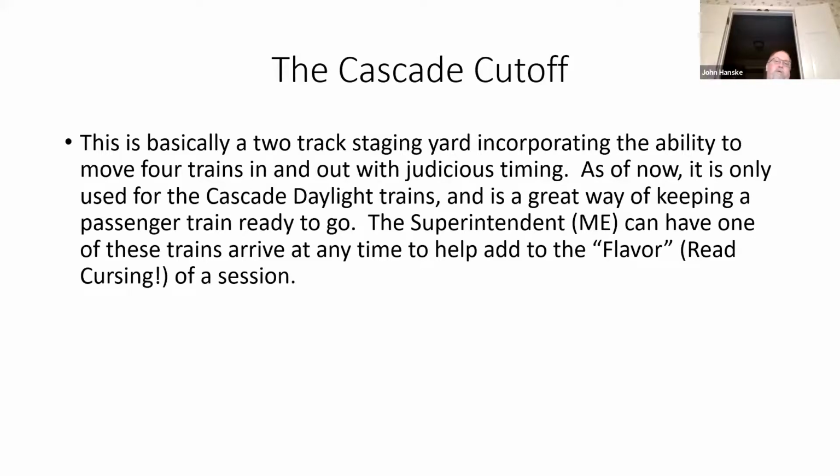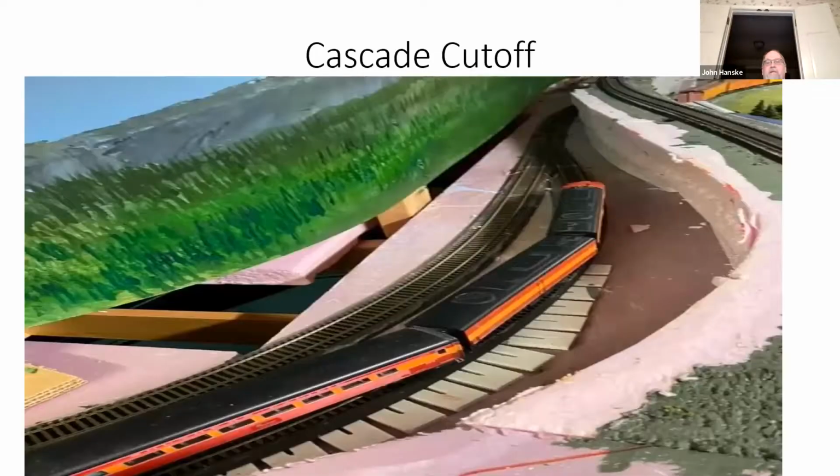So there's 2 trains right there. The other one is the actual cascade cutoff, which runs from Dunsmore to Springfield. If I find that things are going too well, I can bring a train out of that staging and just have the guy at Dunsmore just really be upset with me.